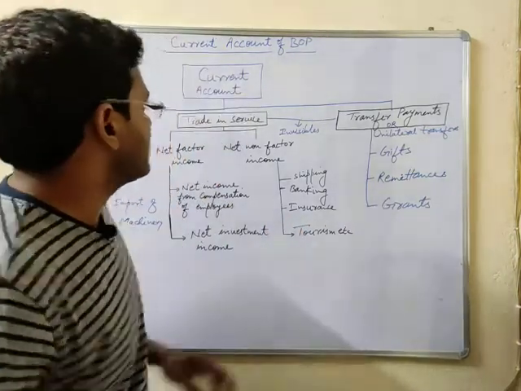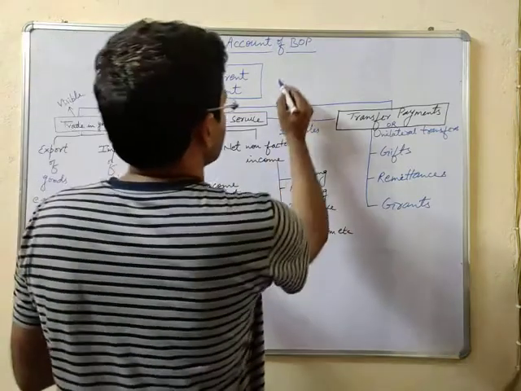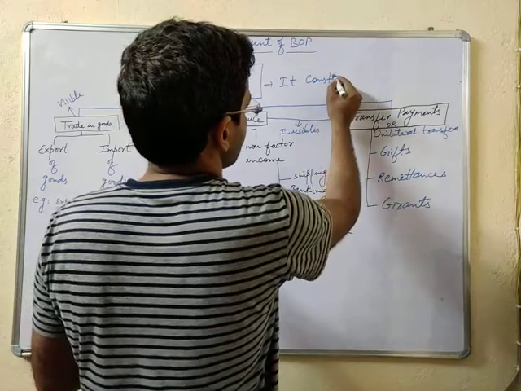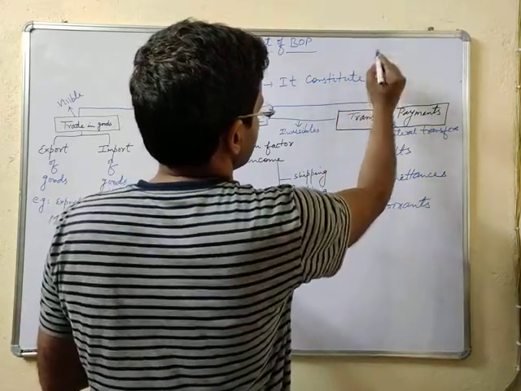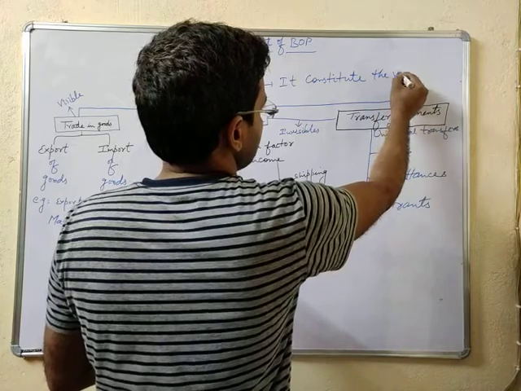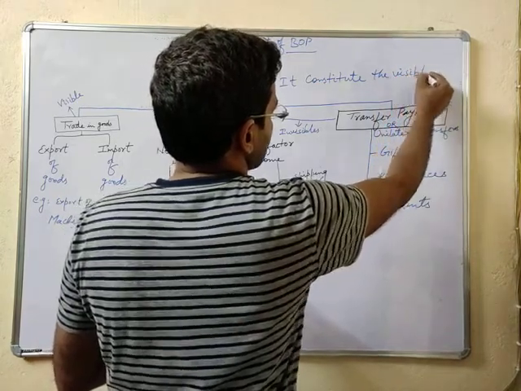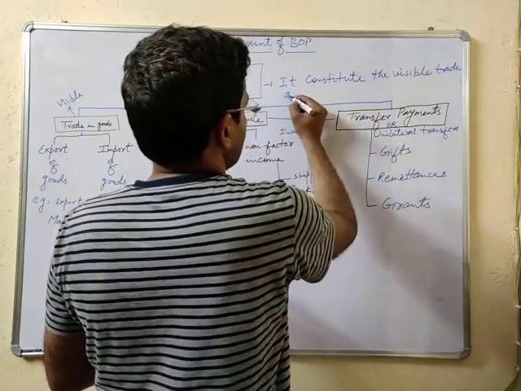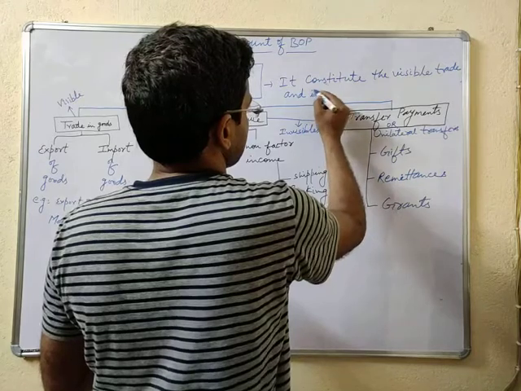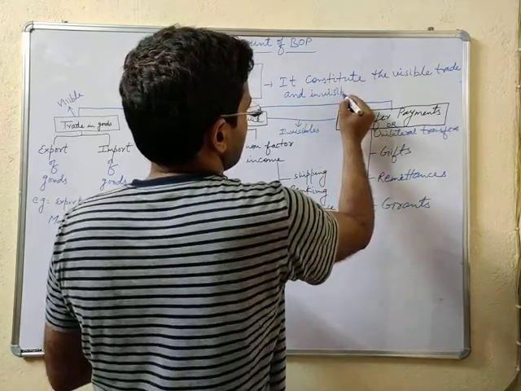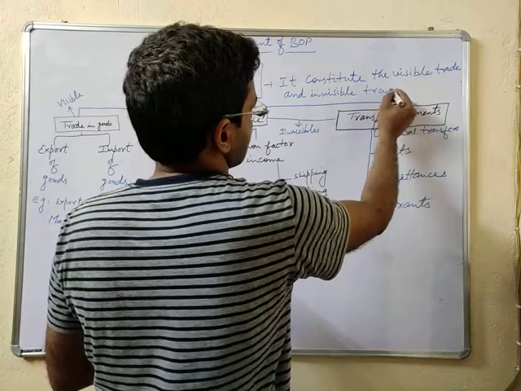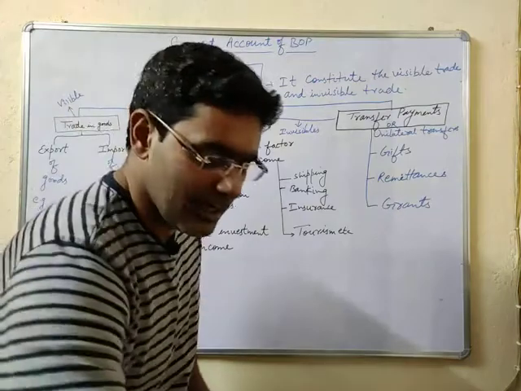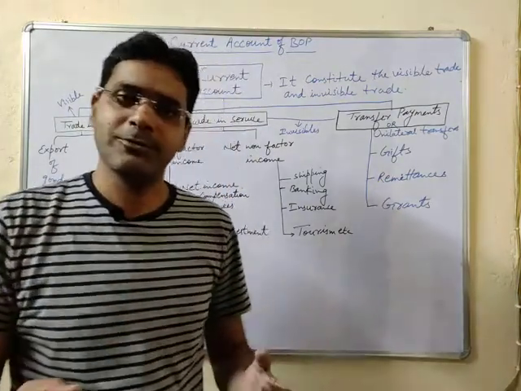So hence we can say that the current account constitutes the visible trade and invisible trade. So this is what the current account of balance of payments is all about.